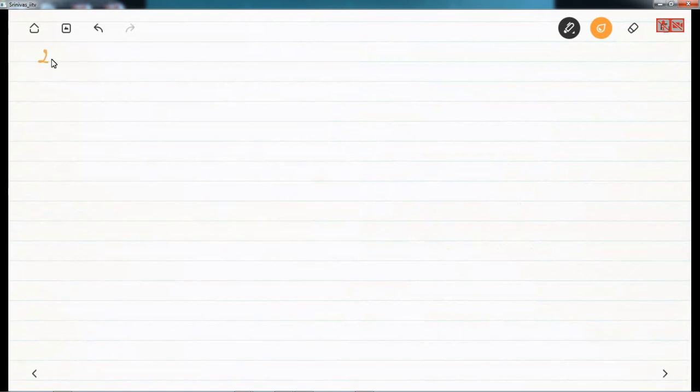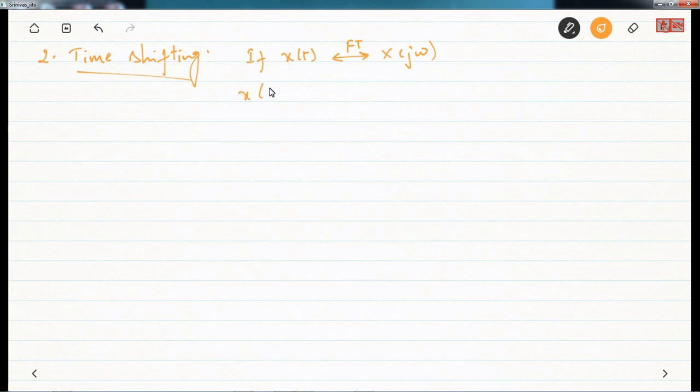Next one is time shifting. What is time shifting? If the Fourier transform of x of t is X of j omega, what will be the Fourier transform of x of t minus t naught?